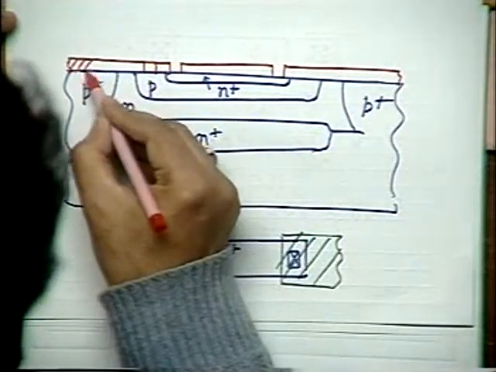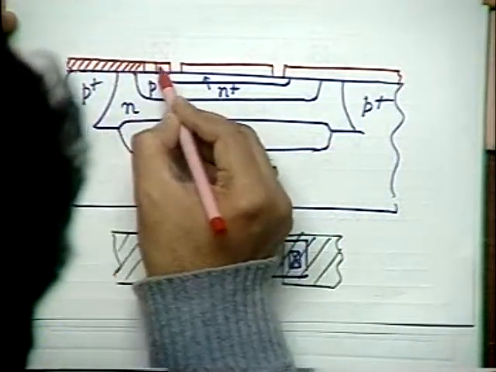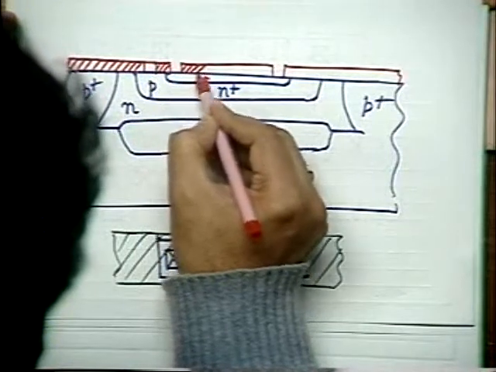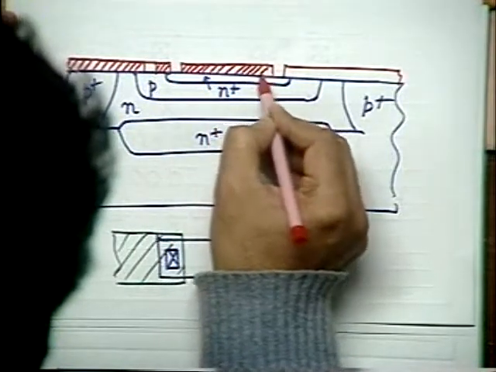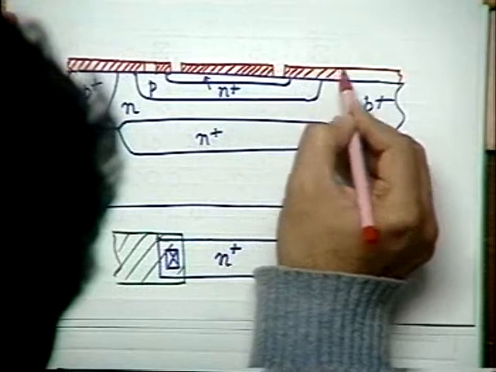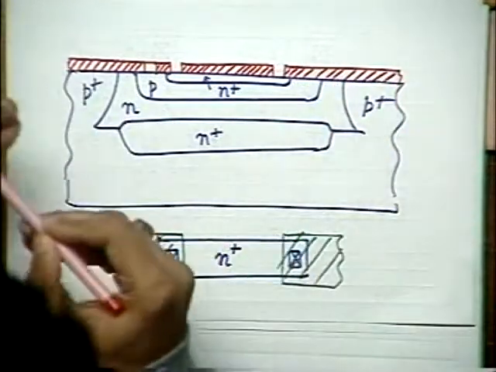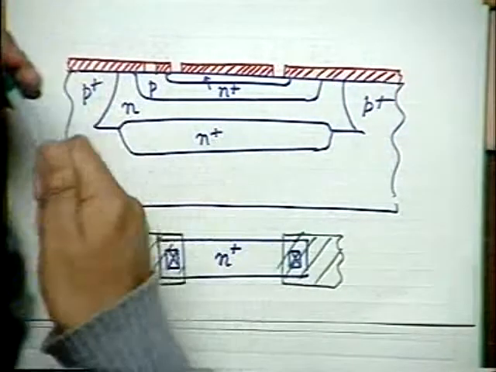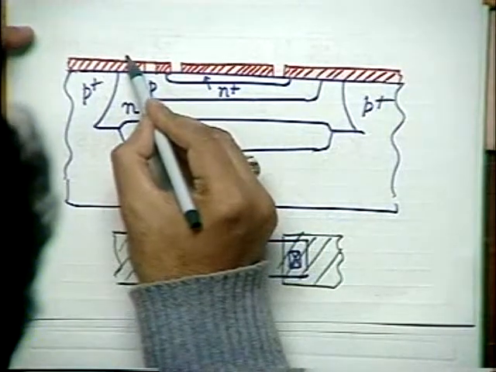so that your oxide looks like this now. And then you metallize like this. You just see.